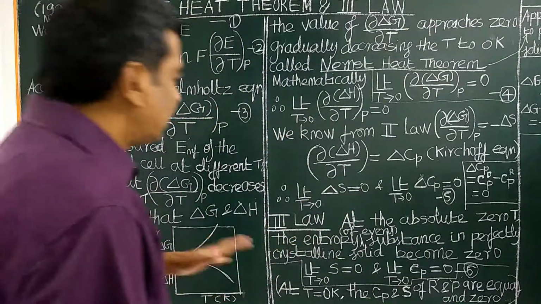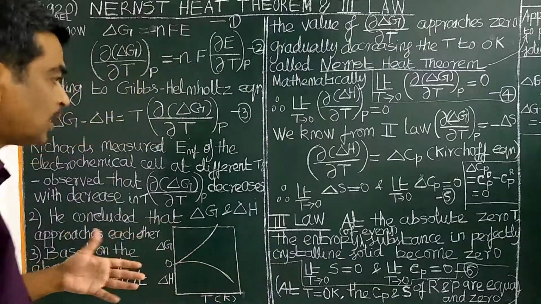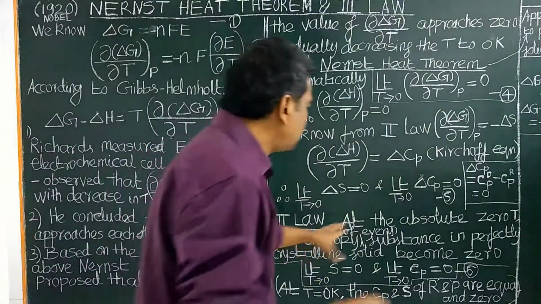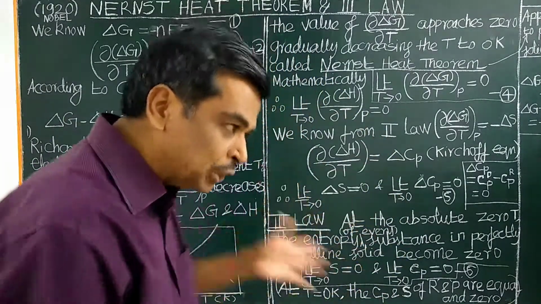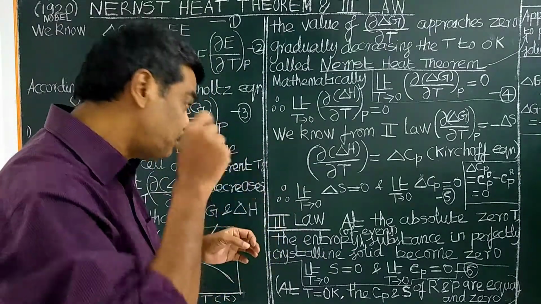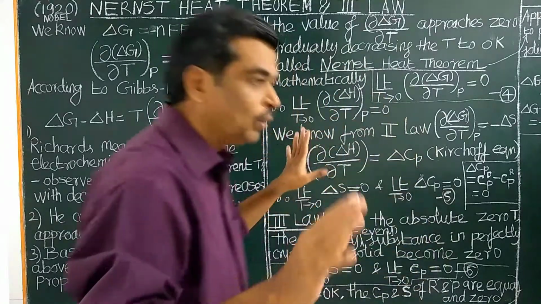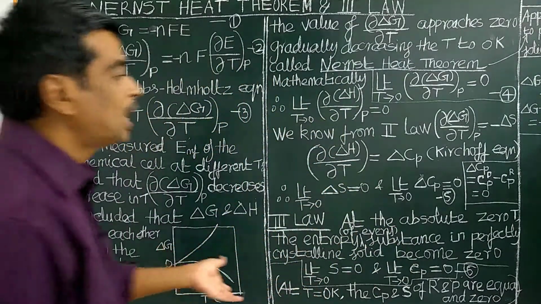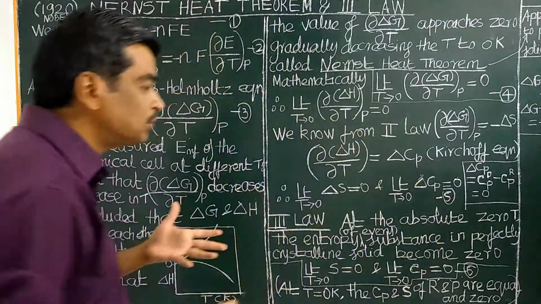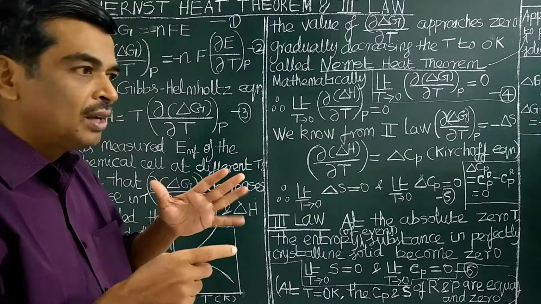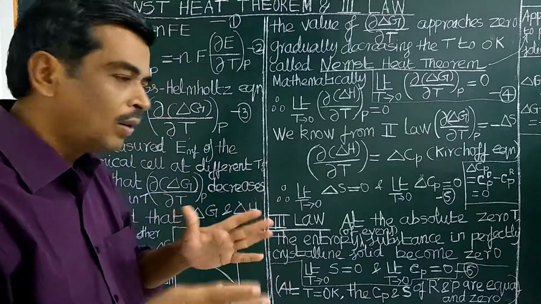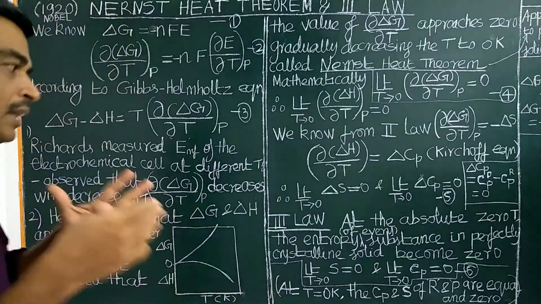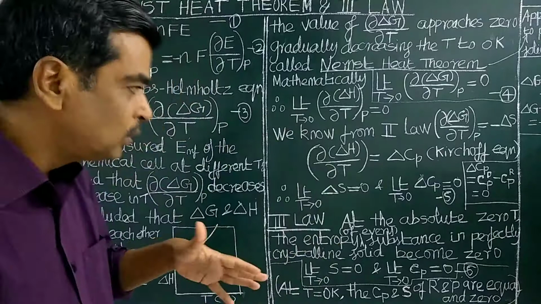Now let us see the statement of the third law of thermodynamics: at absolute 0 Kelvin, the entropy of every substance may become 0, and especially in a perfectly crystalline solid it becomes 0, because in a perfectly crystalline solid all the molecules are oriented in a perfectly definite order, and therefore the entropy is 0.